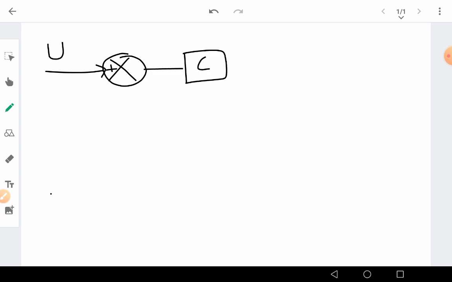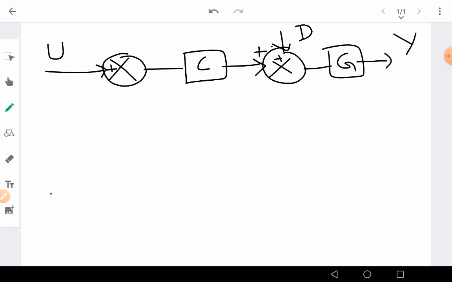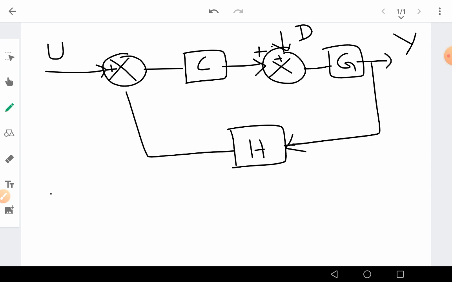Say for example, U is an input going to a summer as addition, and we have a gain C, and another summer where I'm adding one more input D. U and D are both plus, added to another gain G, and the output is Y. Now I have feedback with a gain H coming to the input U. How do we approach this, where we have multiple inputs and are told to find the simplified transfer function?